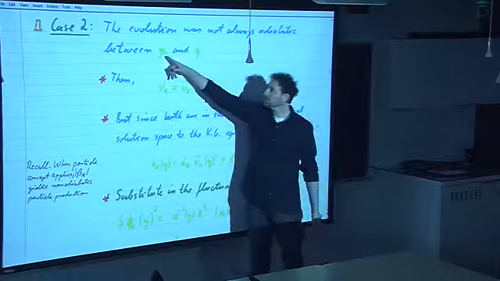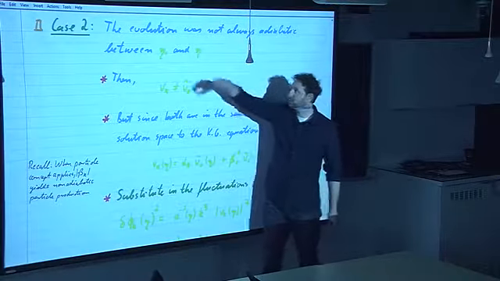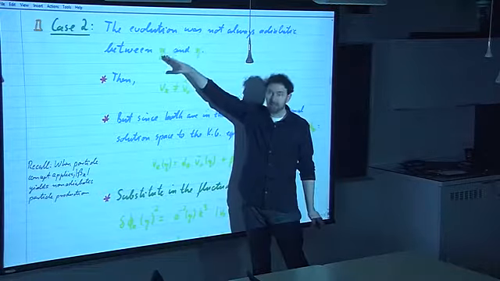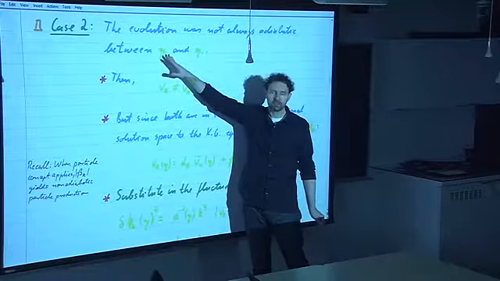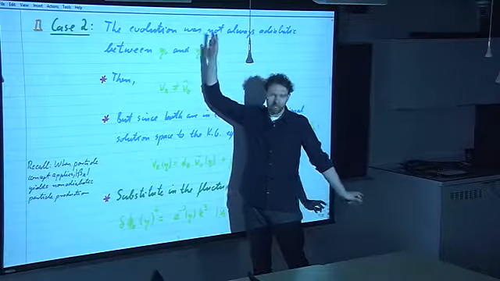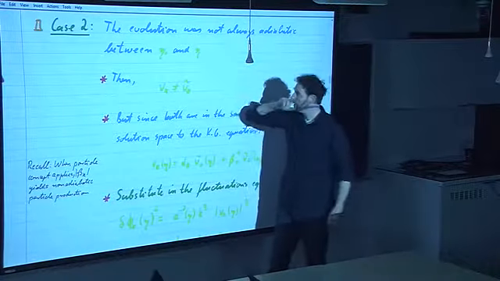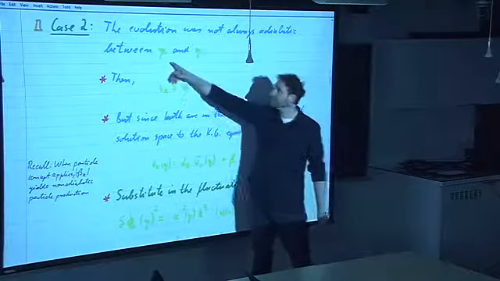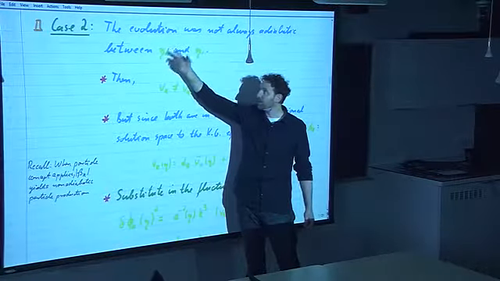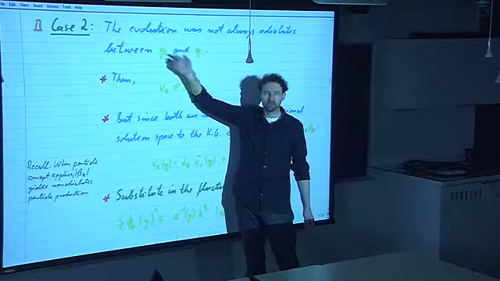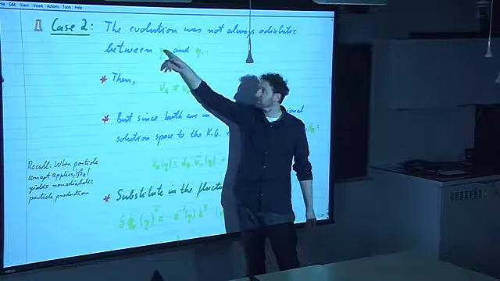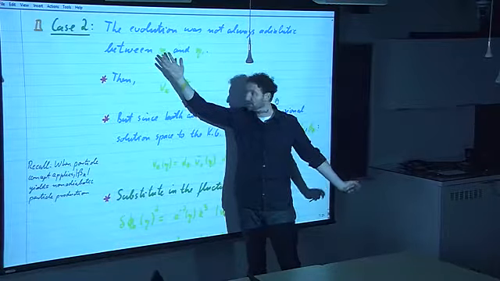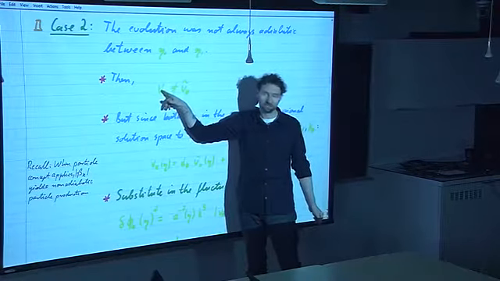At time eta naught, remember what is given in all of this is the scale factor, A of eta. That's a given background evolution of the space-time. So now, in order to calculate the alpha and the beta, at time eta naught, you apply the adiabatic vacuum identification criterion, which gives you initial conditions on your mode functions, solve the Klein-Gordon equation for those initial conditions, get those mode functions, right?